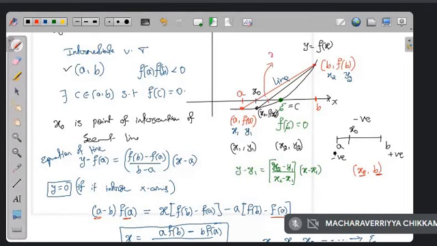So you see, earlier the distance between x naught and the root, now the distance between x1 and the root has decreased. Again you see the value of x1, draw the secant, and get the next approximation x2. So this is how we proceed step by step.